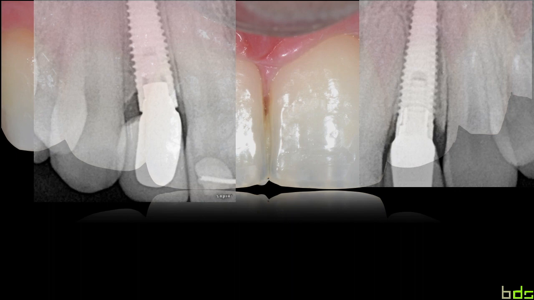However, the response on both is a bit different, as you can tell. Some bone dieback on the distal side of the first implant on the right side. Same here also on the left side.